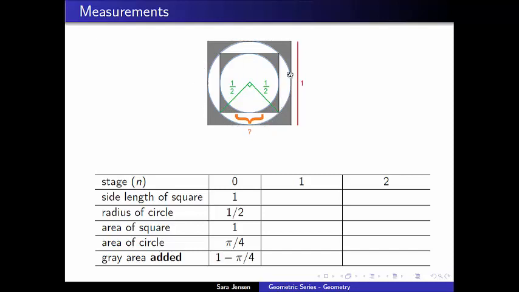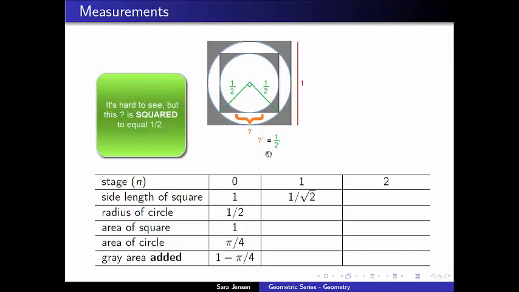So in this example, the length of this side of the triangle and the length of this side of the triangle is 1/2. We can use our good old-fashioned Pythagorean theorem to take the side length squared plus the side length squared, and that will give us this length of the hypotenuse squared. And doing a little bit of algebra tells us that the side length of this square in stage 1 is then 1 over the square root of 2.